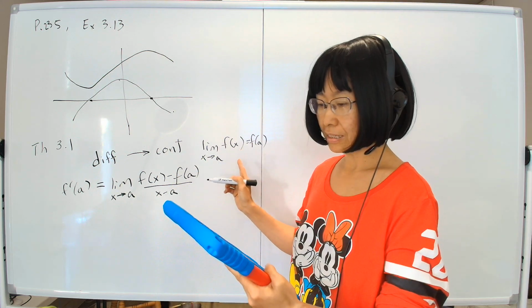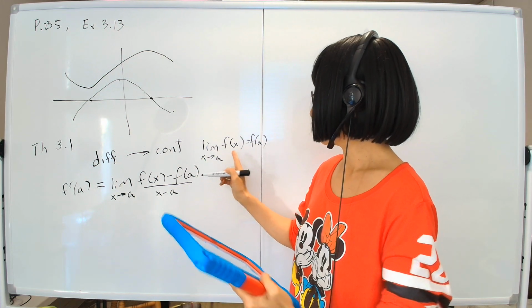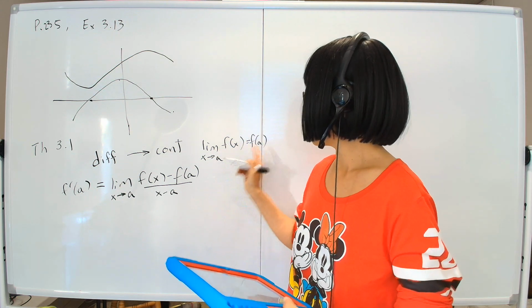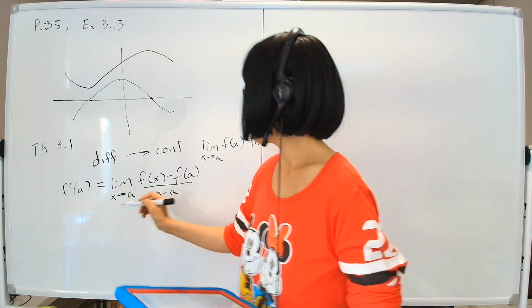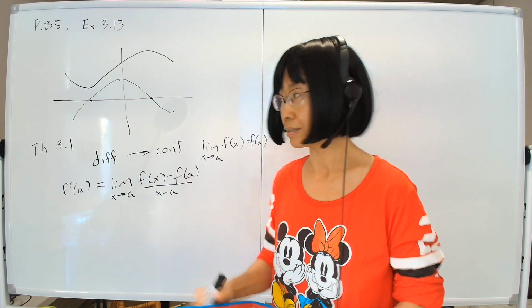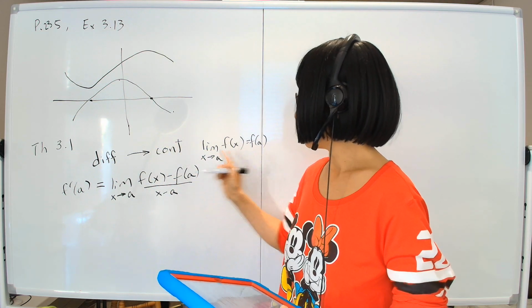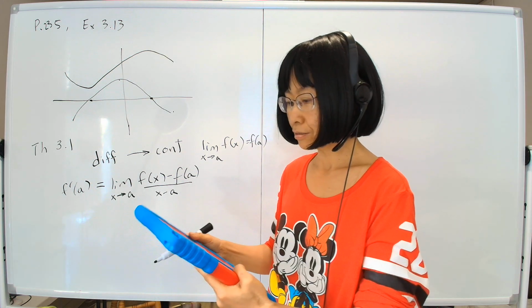We're going to start at this point. In other words, we're going to calculate this thing to see where it goes and see if it gets here. And if it does, then we have proven that differentiation implies continuity.